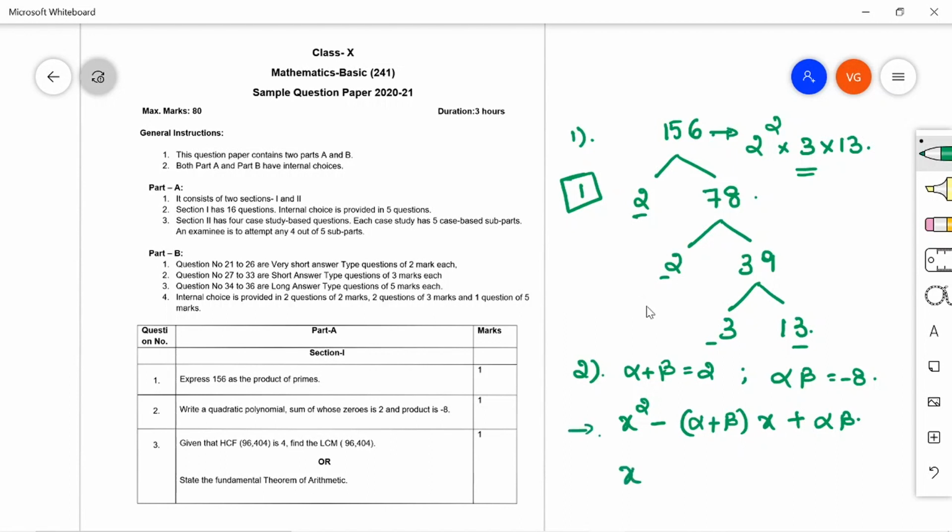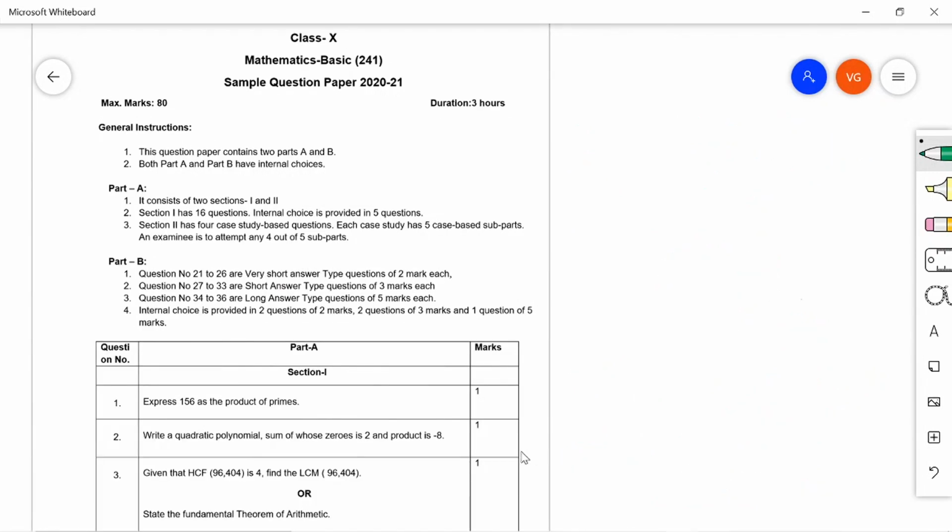So just substitute: x square minus 2x minus 8. So this is the quadratic polynomial. If you write the formula, you will get half mark, and after substitution, you will get one more half mark here.